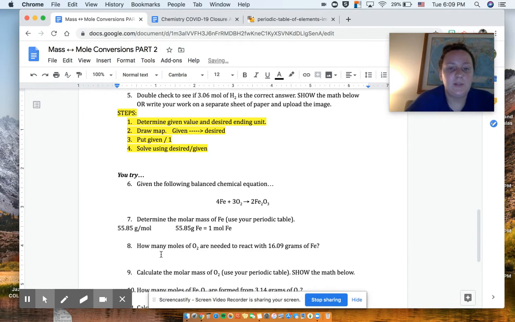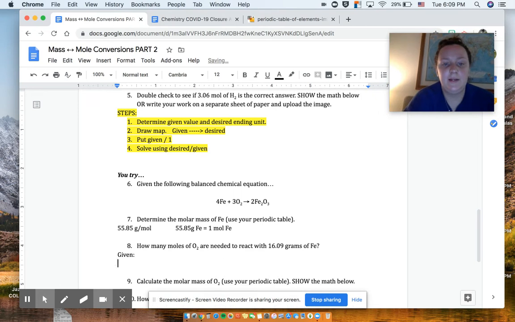Okay, next question. How many moles of O2 are needed to react with 16.09 grams of Fe? So we're getting into our conversion problem now. I'm going to be using my conversion steps that I have here in yellow. Step number 1 is to determine my given value and my desired ending unit, as always.